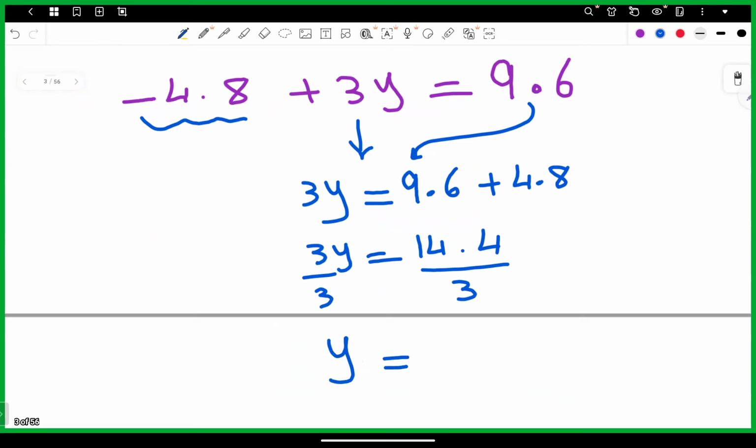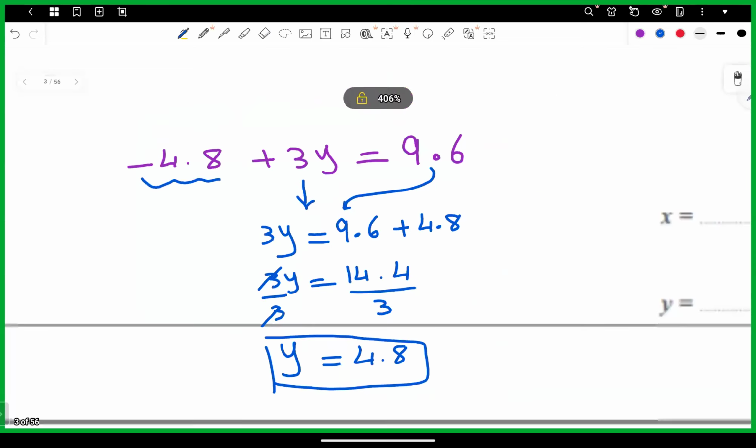You can find the value of y, very simple. So 14.4 divided by 3 equals 4.8.